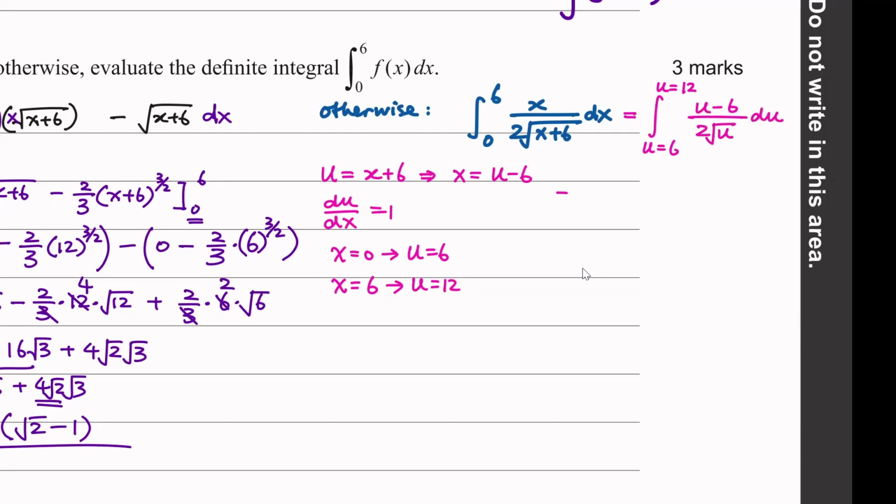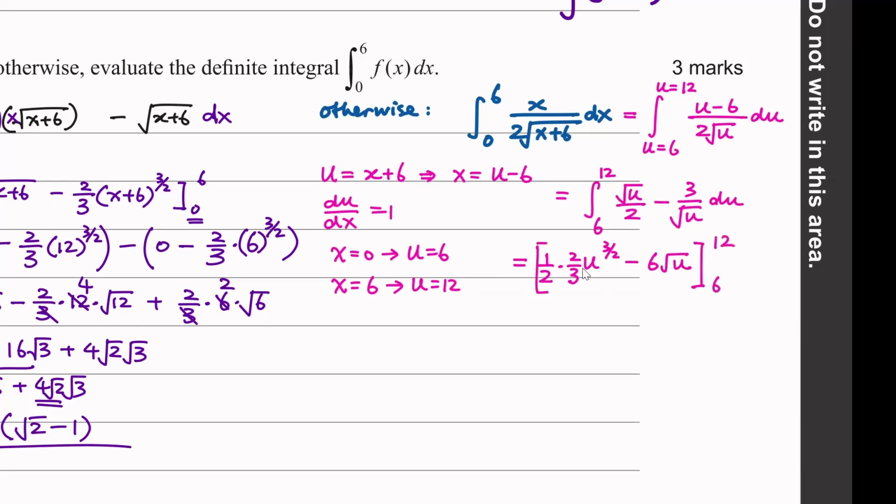And then you just split the integral, like 6 to 12, u over root u, just root u divided by 2, minus 6 over 2 root u du. And then you will get a half times u to the power 3 on 2 times 2 on 3 in the front, minus 6 square root of u, from 6 to 12.